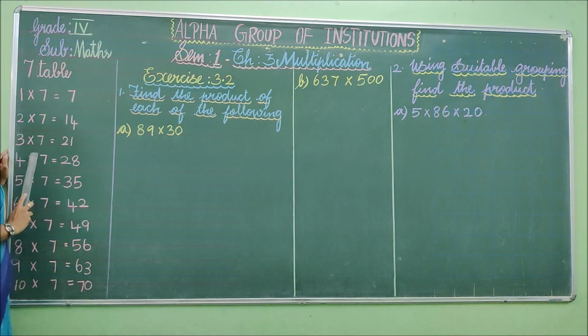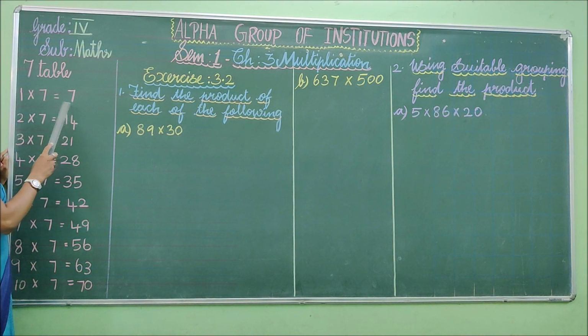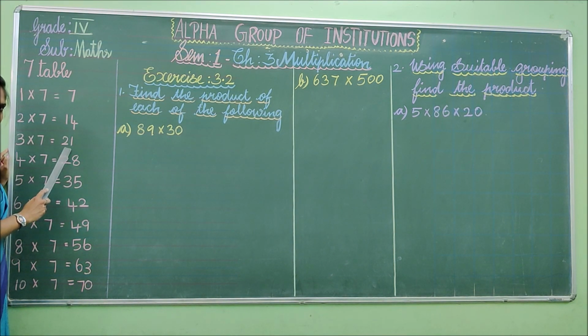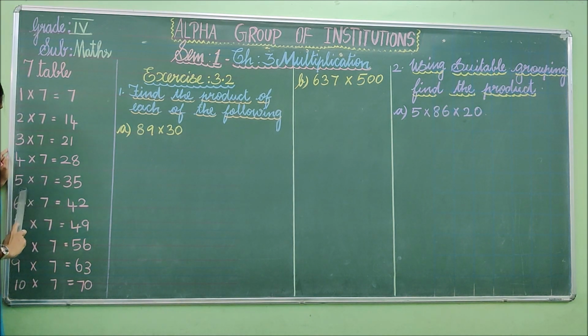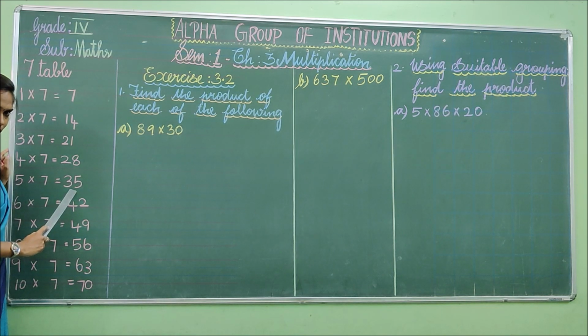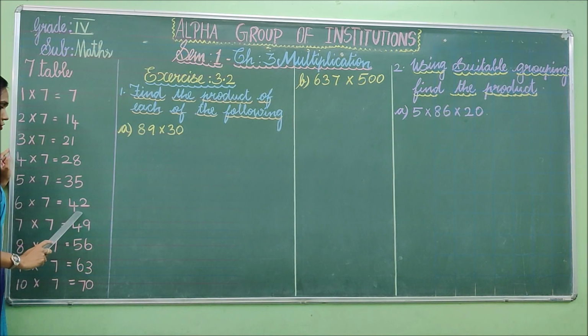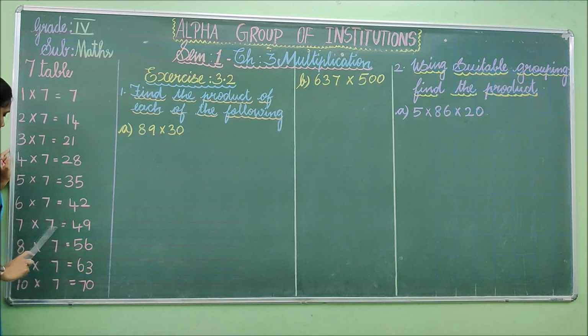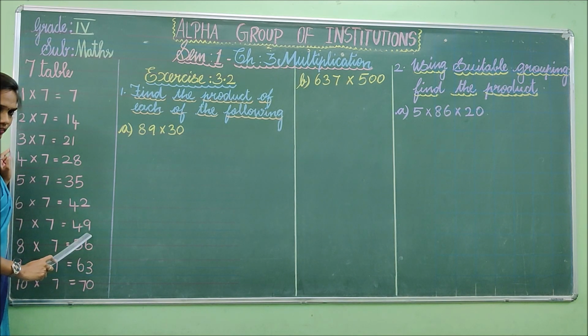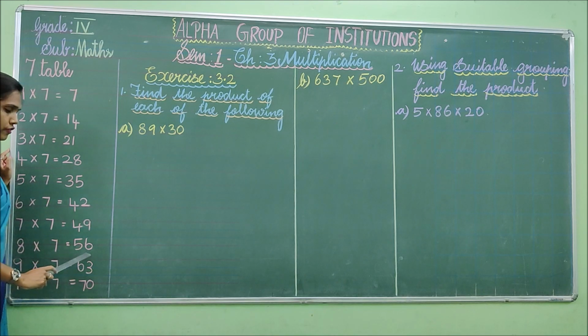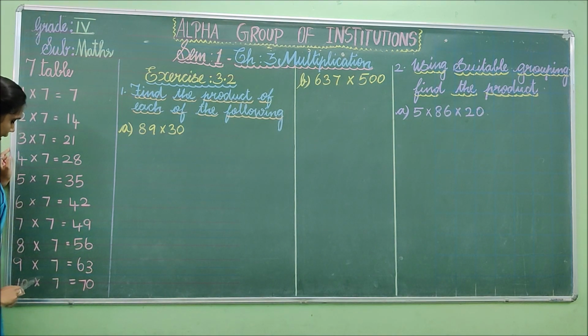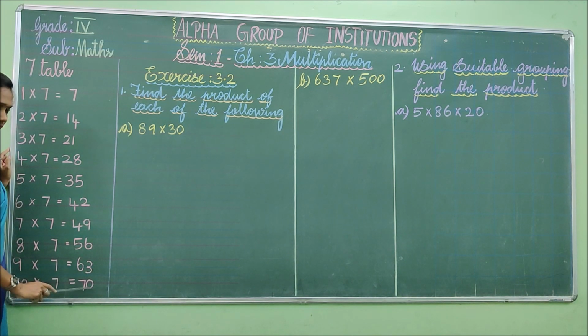Listen carefully and repeat after me. 1 seven is 7, 2 sevens are 14, up to 10 sevens are 70.